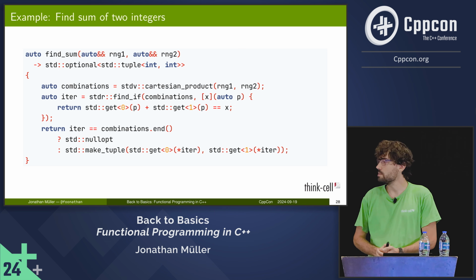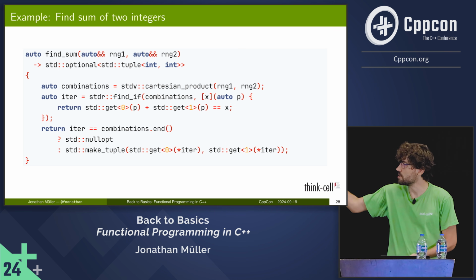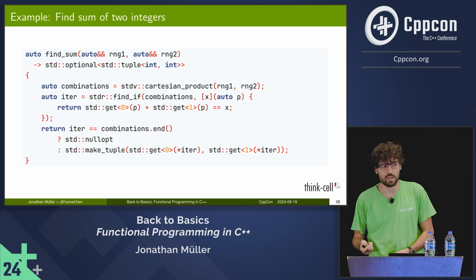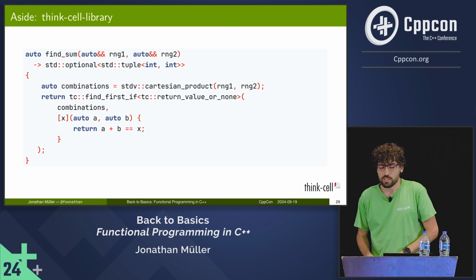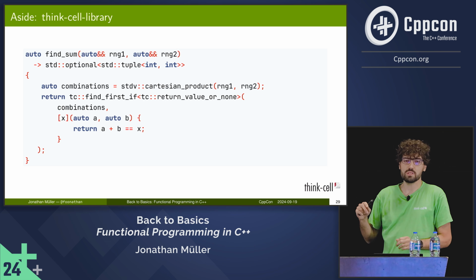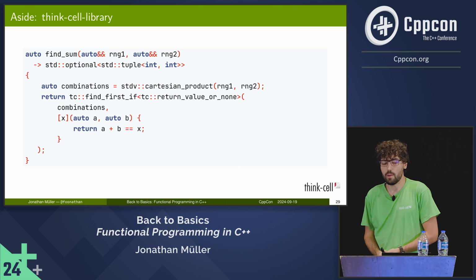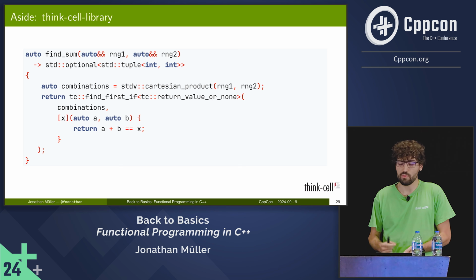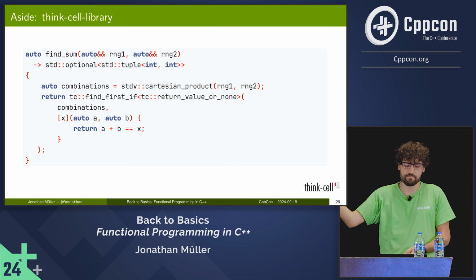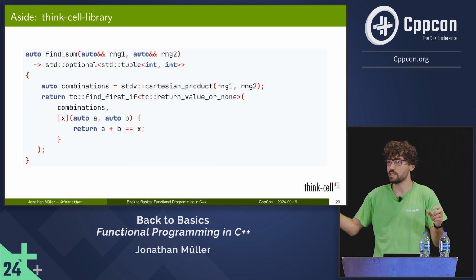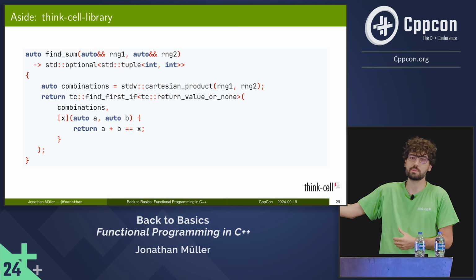And at think-cell, we really like using ranges, and we really don't write this ugly code. So we've got custom range algorithms that can simplify that code. We can just call our find_first_if. It's called find_first_if because it finds the first one. And there are two special features. The first one is the lambda that we pass it. If the range elements are tuples, but the lambda takes multiple arguments instead of a tuple, we will automatically expand the tuple.